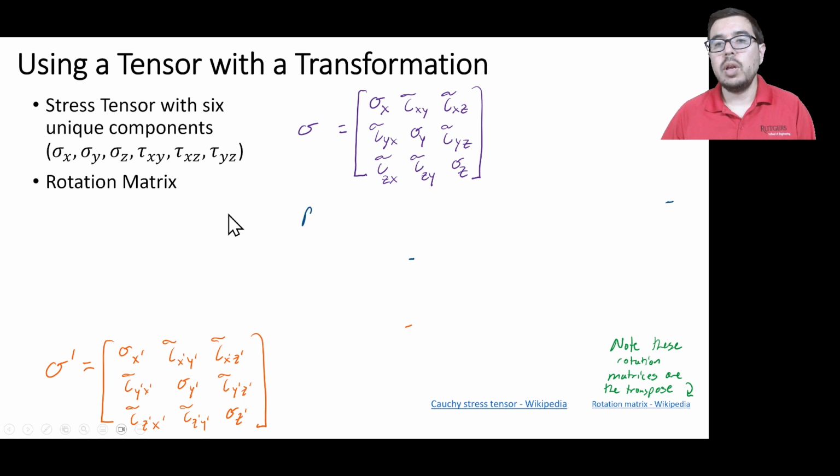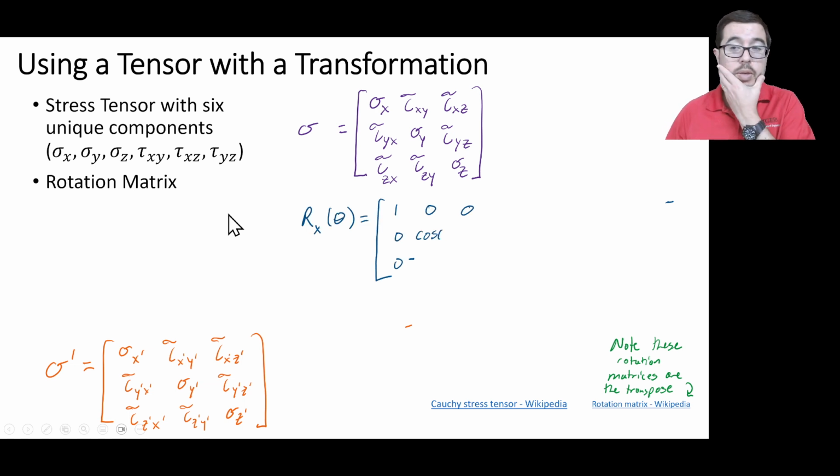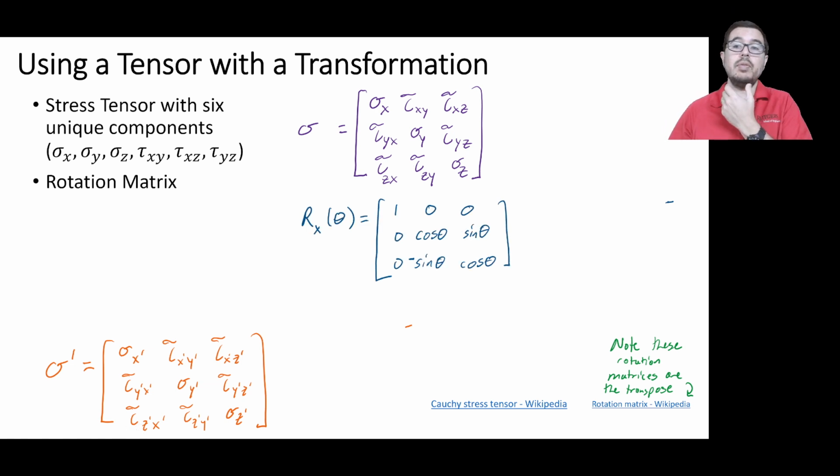Now, we have what are called rotation matrices. So if you have a vector or a coordinate system, this is sometimes where the confusion can arise in terms of whether these rotation matrices are the transpose of what you might find in one textbook or another textbook.